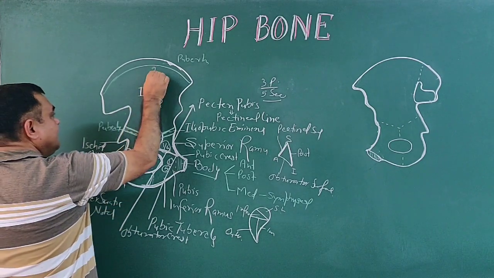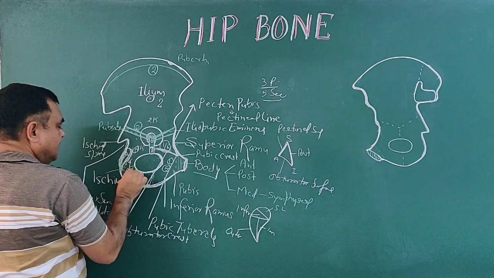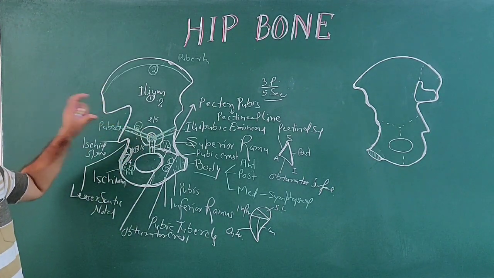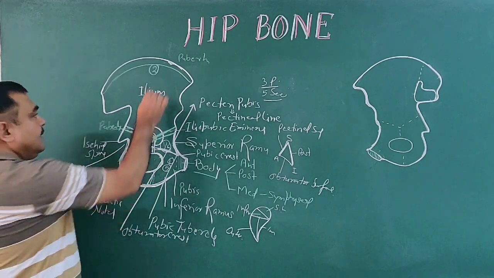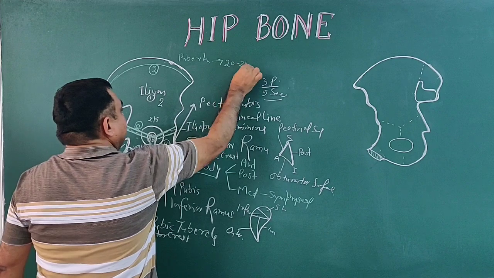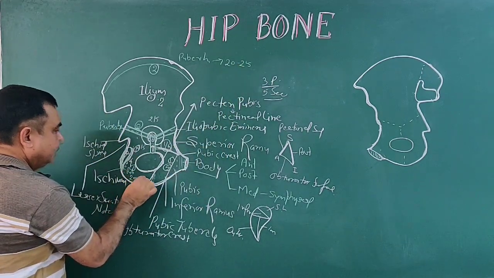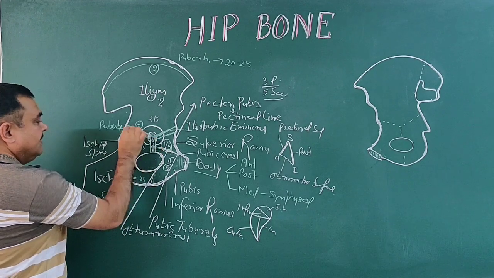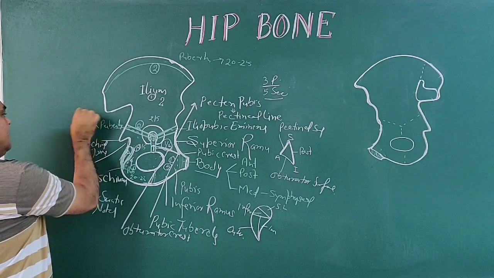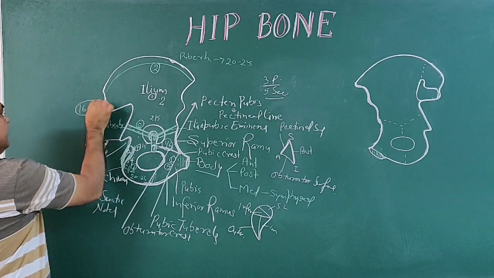Here two secondary centers appear. Here is one secondary center. These centers appear during puberty, and they fuse around the 20 to 25th year. But this center fuses around 16 to 17 years.